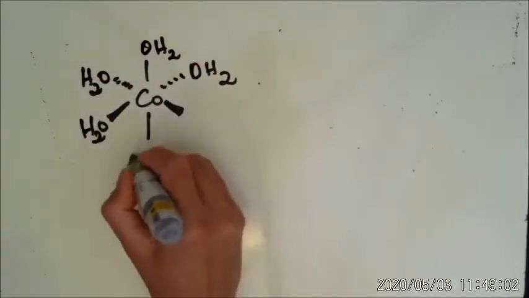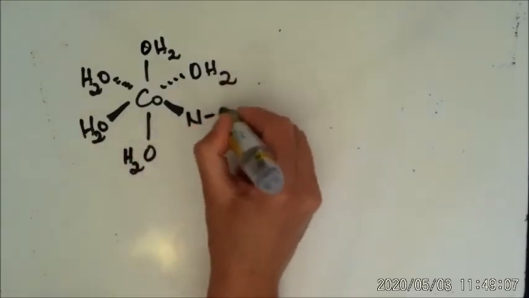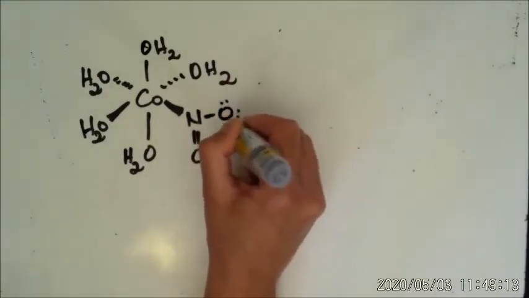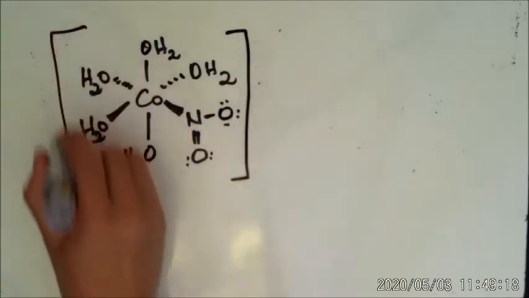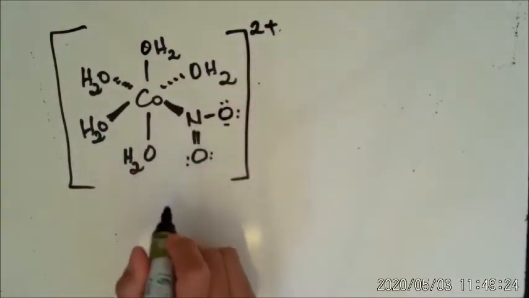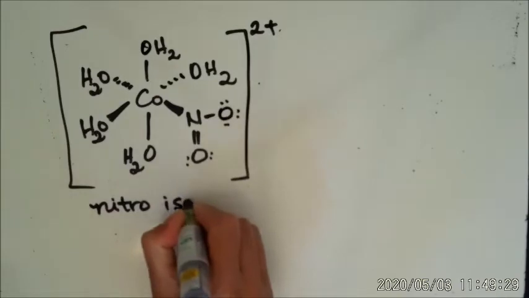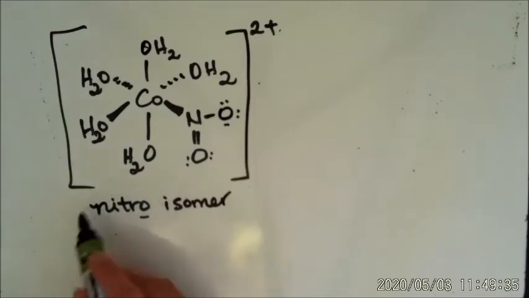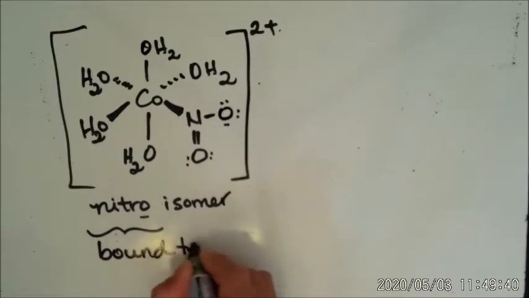And the difference was here: the first one was bound through my nitrogen. So we call this a nitro isomer. If you just say this is nitrite, it's a negative ion, so we end in O. This tells me it's bound to the nitrogen.